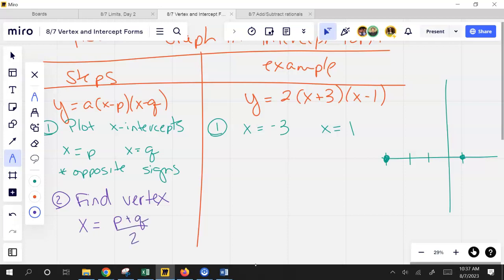Still with the same opposite signs that I used before. Okay, so looking over here in my example, I'm going to do -3 plus 1 divided by 2. -2 over 2, which is -1. Okay, that is my axis of symmetry.